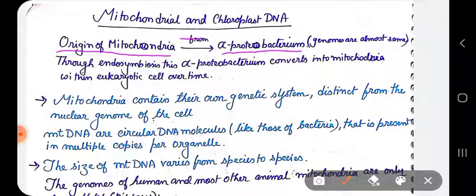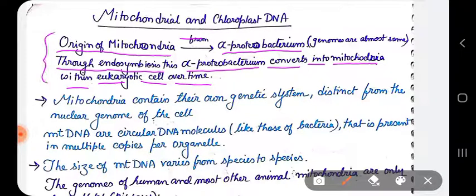It has been observed that mitochondria has been derived from an organism whose genome is similar to alpha proteobacterium, whose genomes are almost the same. Through endosymbiosis, this alpha proteobacterium converts into mitochondria within the eukaryotic cell over time.